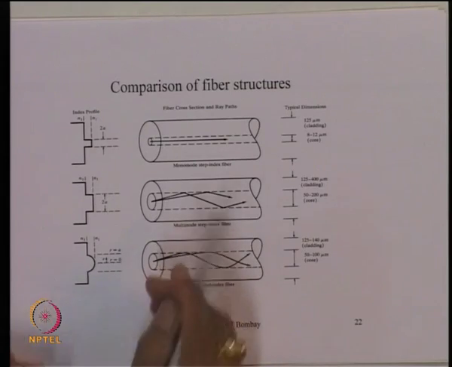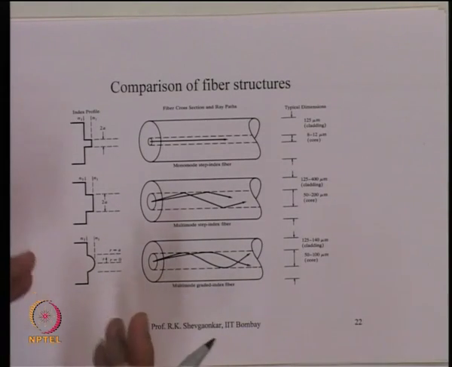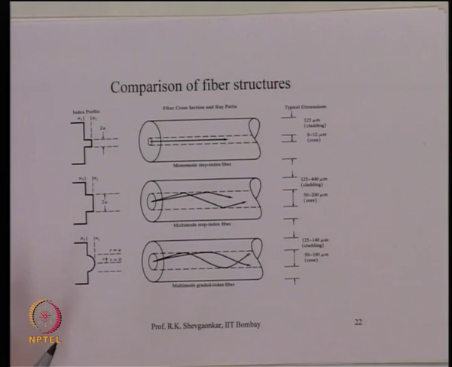Whereas, when we go to very long distance high speed communication, even the graded index optical fiber dispersion performance is not adequate. So, we will go to the single mode optical fiber. In fact, the multimode optical fiber with step index is only for academic interest, and maybe this kind of fiber will be used in the laboratories.